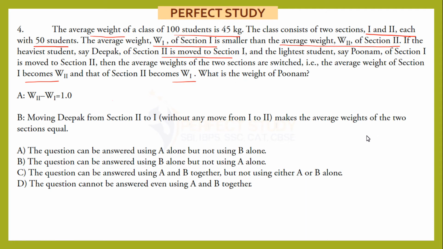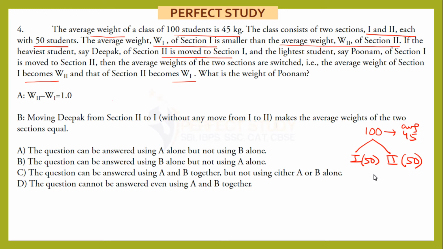Right. So here we have a class of 100 students and their average is 45. This is divided in 2 sections, section 1, section 2. Section 1 has 50 students and section 2 has 50 students. And the average W1 of section 1 is smaller than the average weight W2 of section 2.